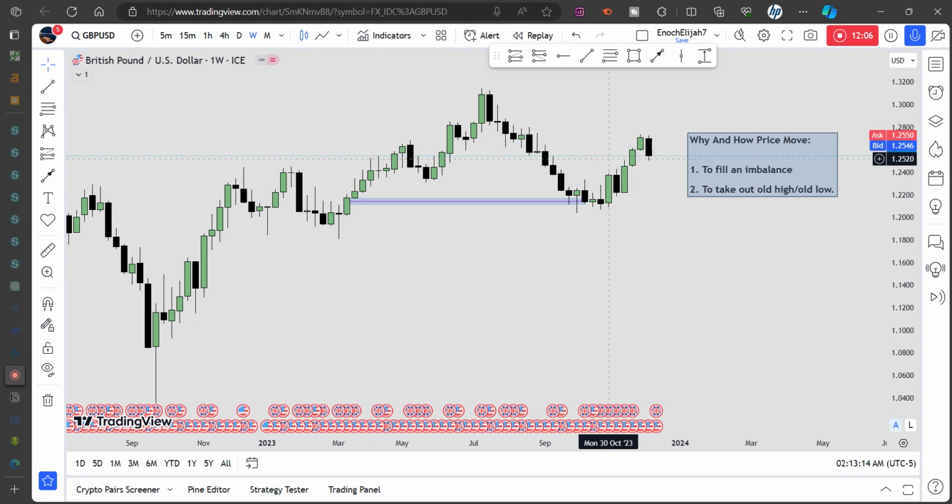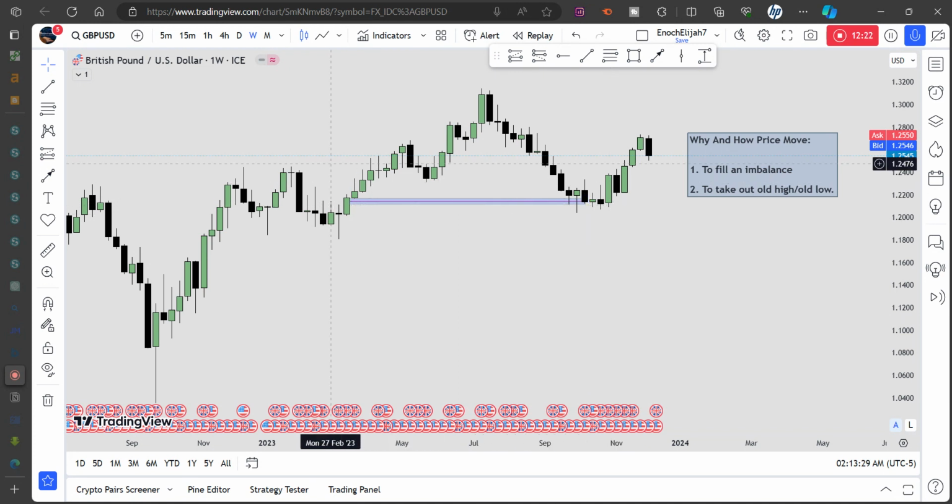So this one single candle is a summary of all the price action that happened in a single week.